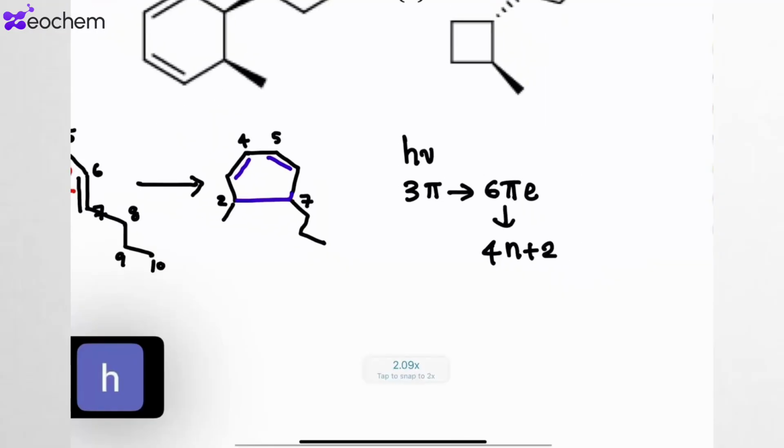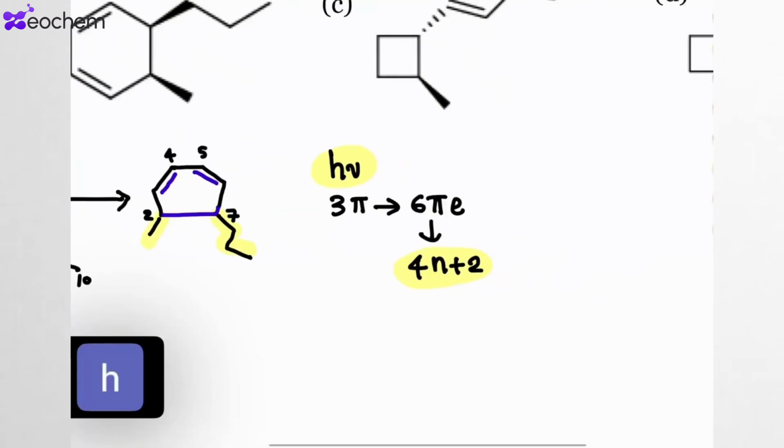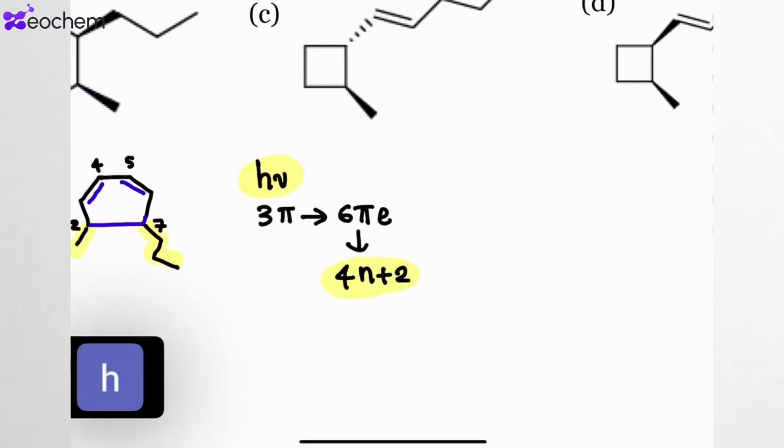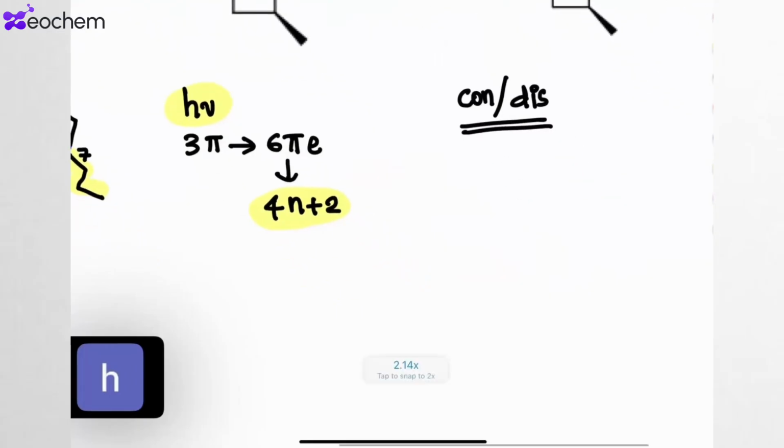What we need to find is the stereochemistry of these 2 substituents. We already got that it is a 4n plus 2 system and the reaction is happening under photochemical conditions. To know the stereochemistry, we should know whether con or dis is happening in this reaction. To know that, we need to look at the selection rule, which is 4n delta con.